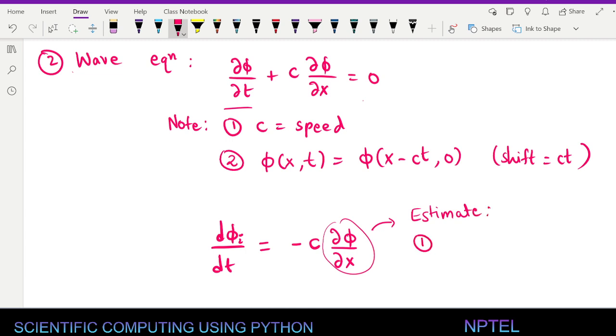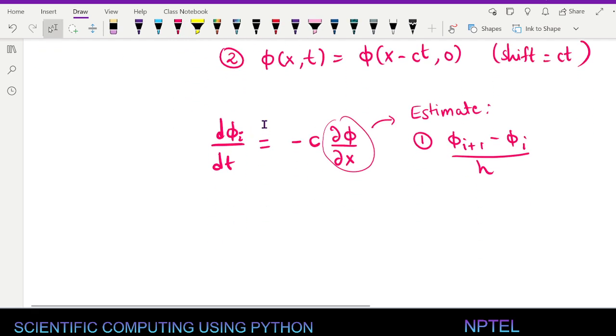So one is, if you look forward, it is phi i plus 1 minus phi i divided by h. The other is look backward, phi i minus phi i minus 1 divided by h.